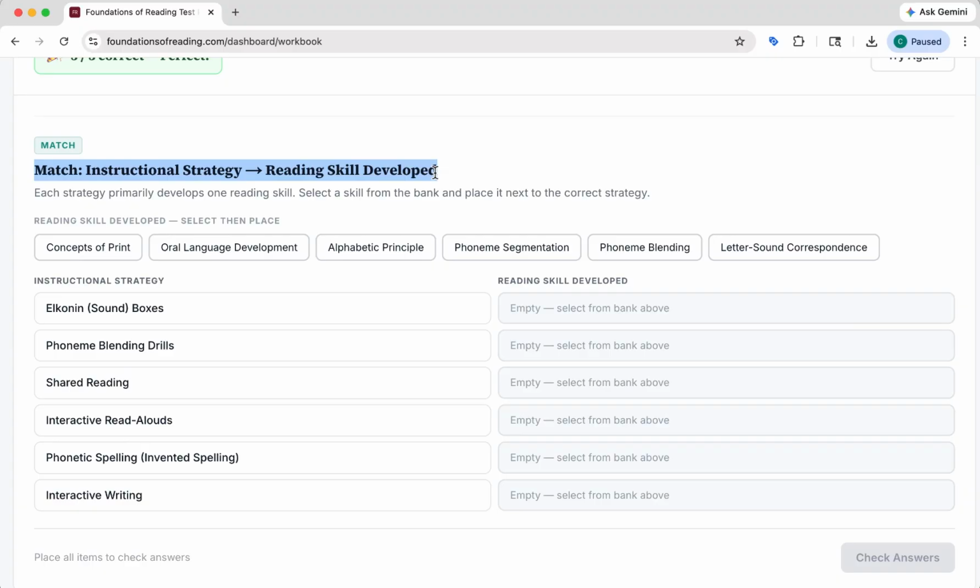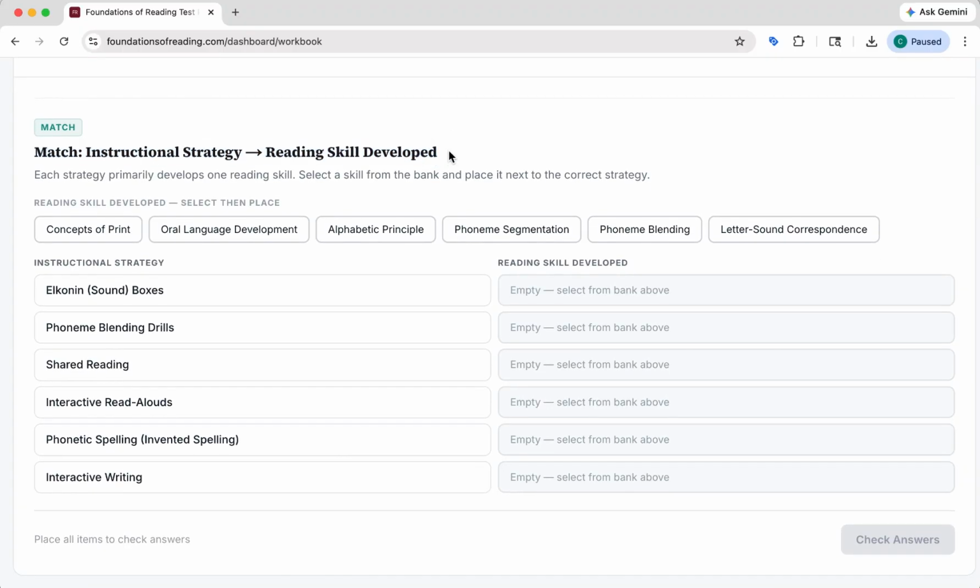Now, this one is extremely important. Oftentimes on test day, you will be given a scenario-based classroom question, and the stem of the question presents a student who has a reading issue or need, and the question asks something like, what is the most effective reading instructional strategy to meet the needs of this student?